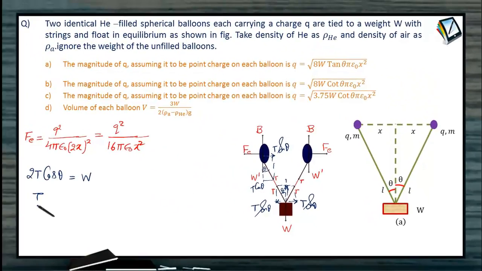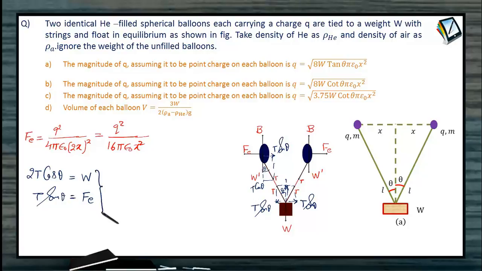For horizontal equilibrium, T sin theta must be equal to the electric force of repulsion between these two charges. So T sin theta is equal to Fe, and 2T cos theta is equal to W, which is the equation for the block.